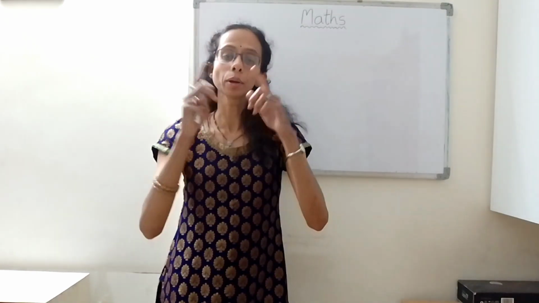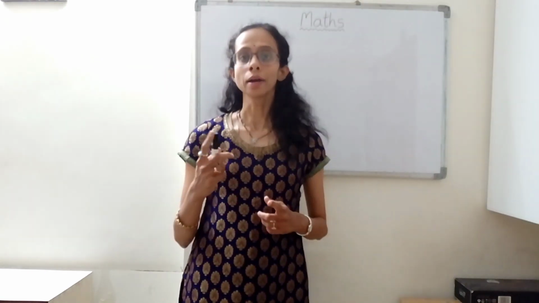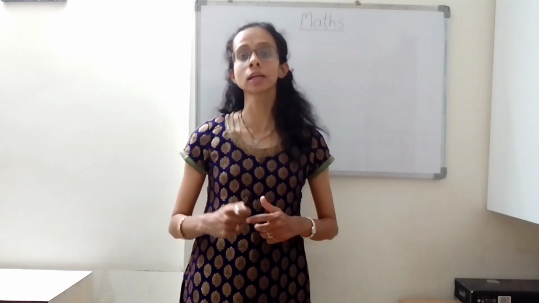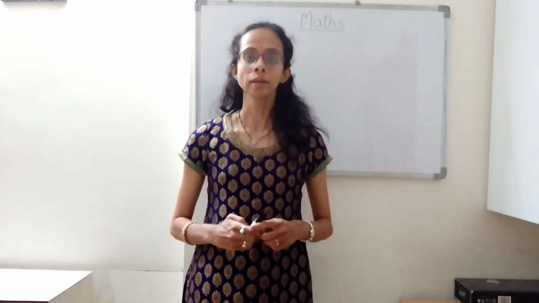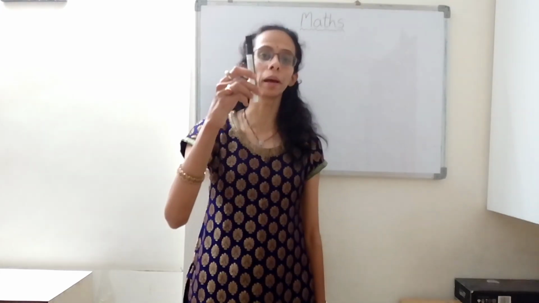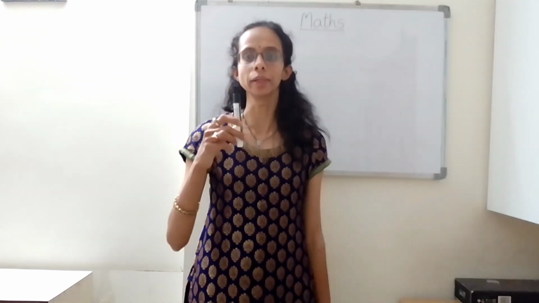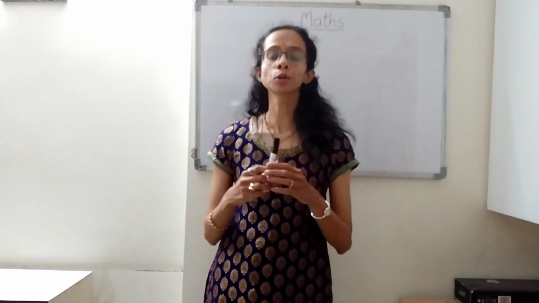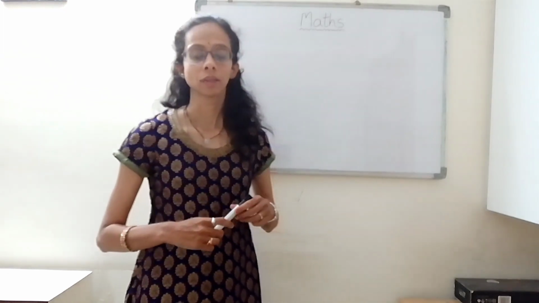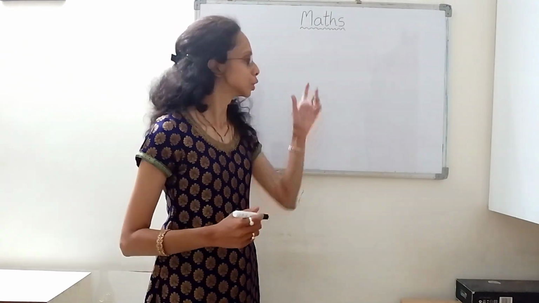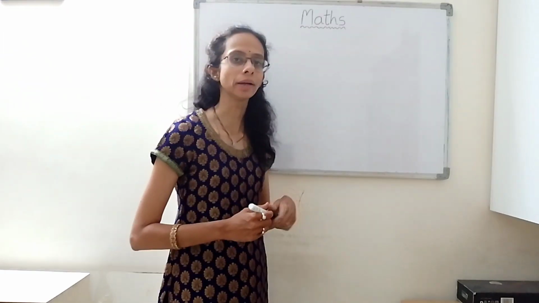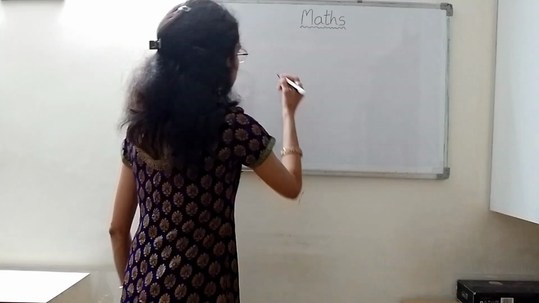Let's take an example of an iron rod. The iron rod is 500 centimeter long, and suppose the length of this pen is 20 centimeter. If we want to compare their lengths, how can we compare? You can see on the blackboard and easily understand.